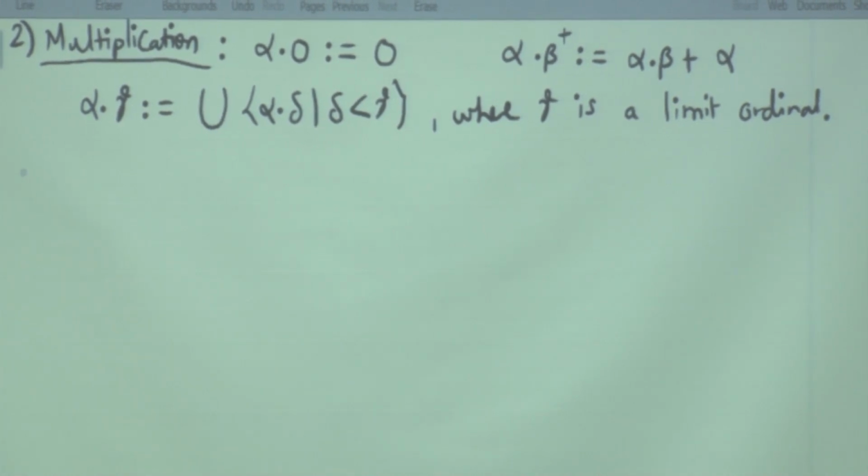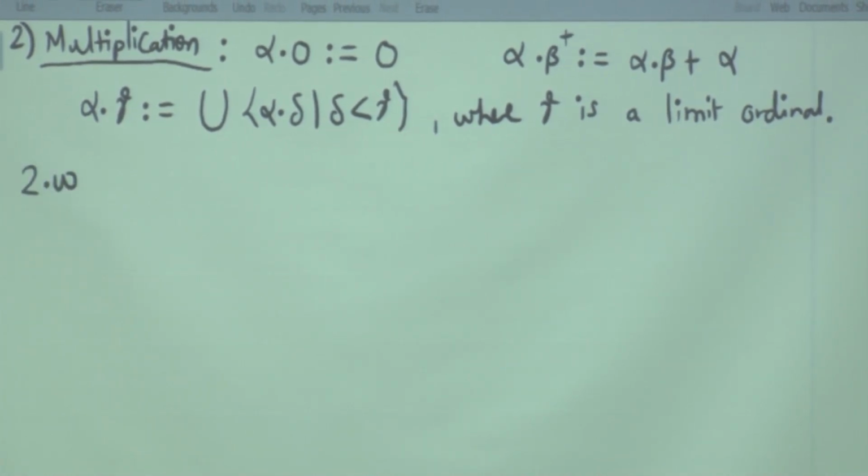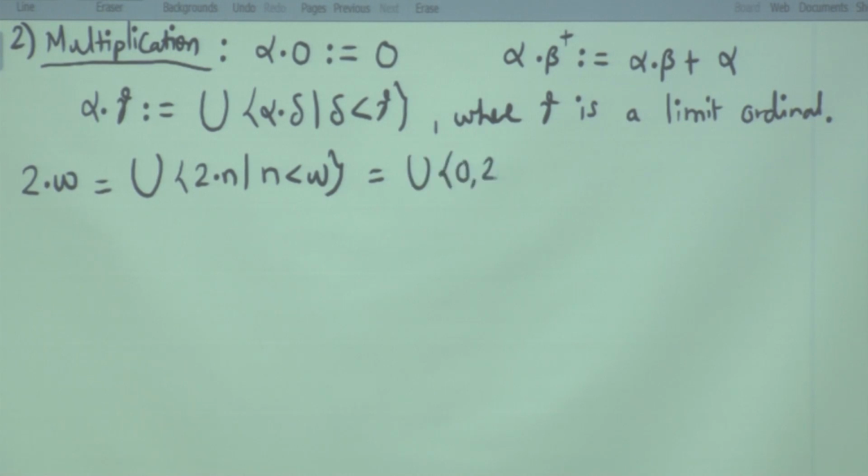Once again, I invite you to compute 2 dot omega. 2 dot omega is the union of 2 dot n, where n is less than omega. 2 dot n gives 0, 2, 4 and so on. Even though certain elements are missing here, they are included in the next one. Even though 3 cannot be seen here, 3 is an element of 4, so it's already present in the union, and this will turn out to be omega.